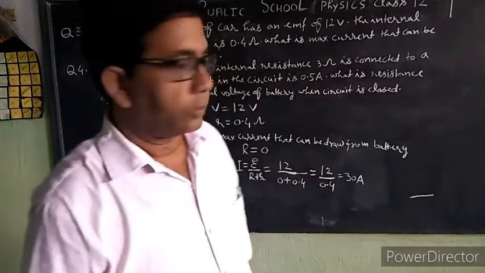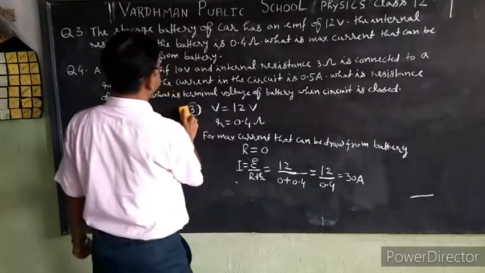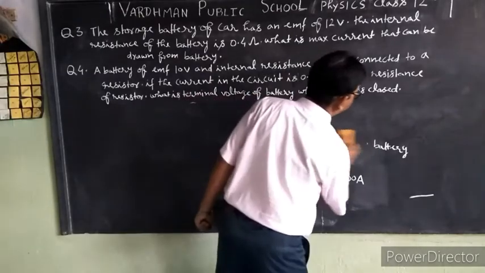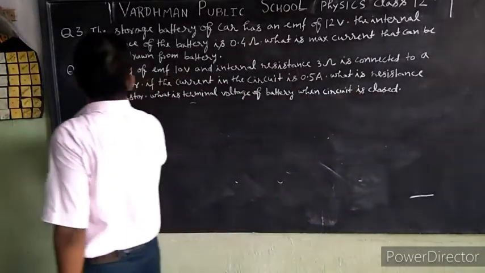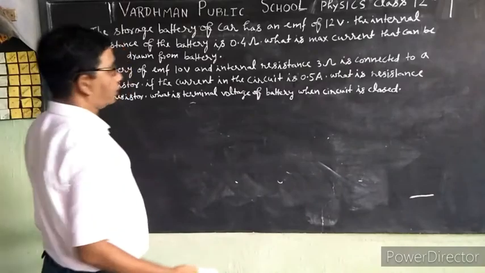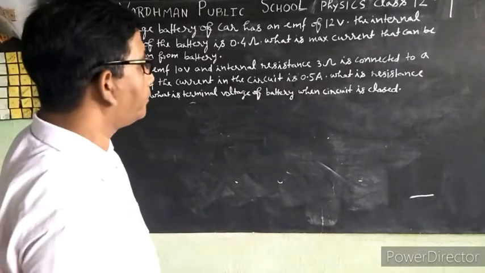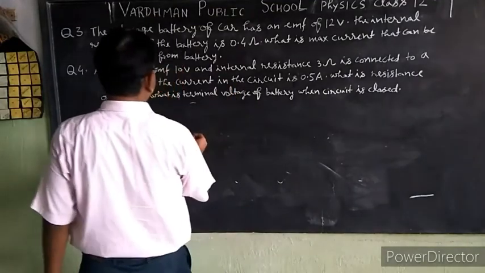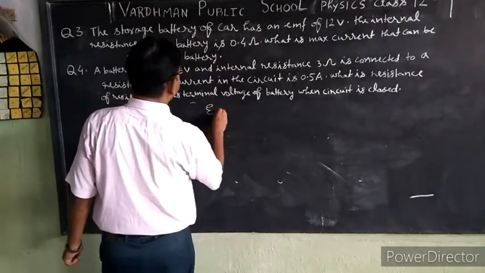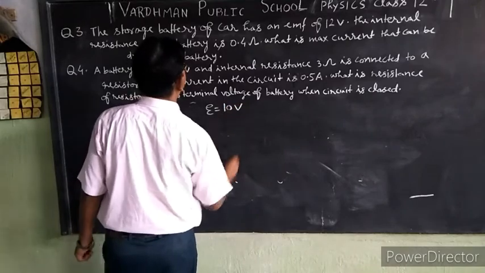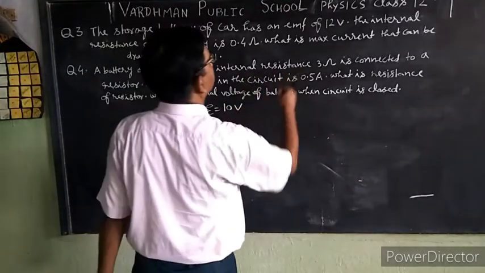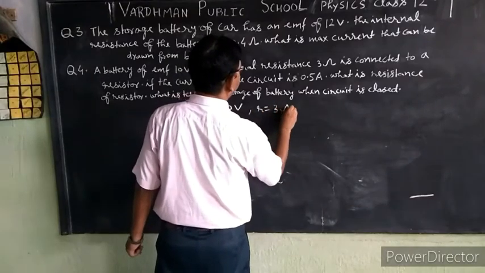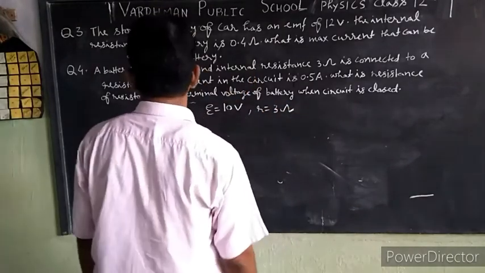Now the next numerical. A battery of EMF 10 volt, so E is equal to 10 volt, and internal resistance 3 ohm, small r is equal to 3 ohm, is connected to a resistor.